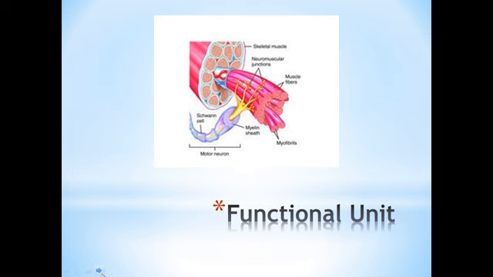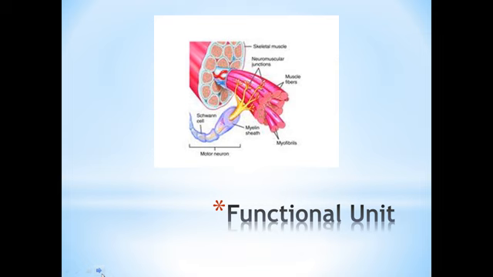Now the functional unit takes into account the innervation of the motor unit, the motor neuron, and its innervation into the individual muscle fibers.